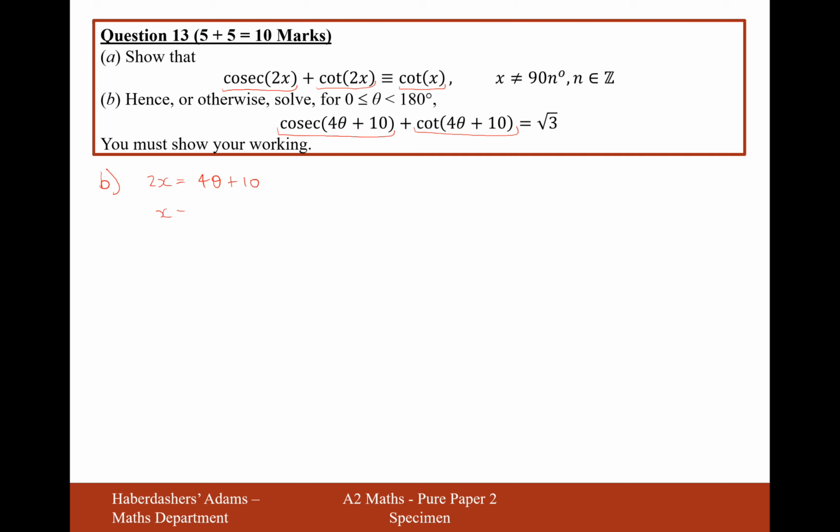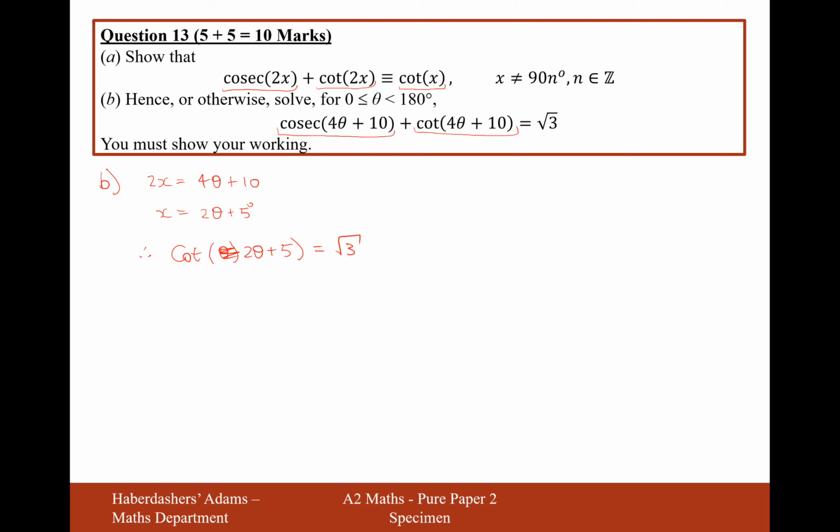So therefore x on its own is going to equal 2 theta plus 5 degrees. So therefore now x is 2 theta plus 5 degrees, so the equation that I'm now going to solve is cot 2 theta plus 5 is equal to root 3.